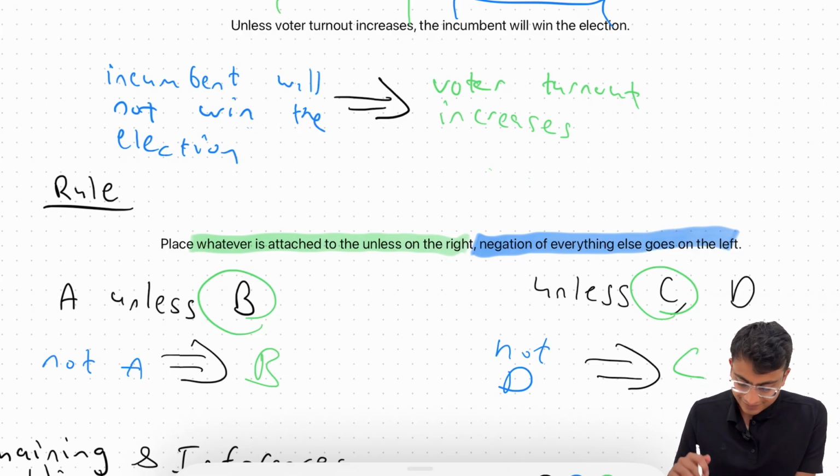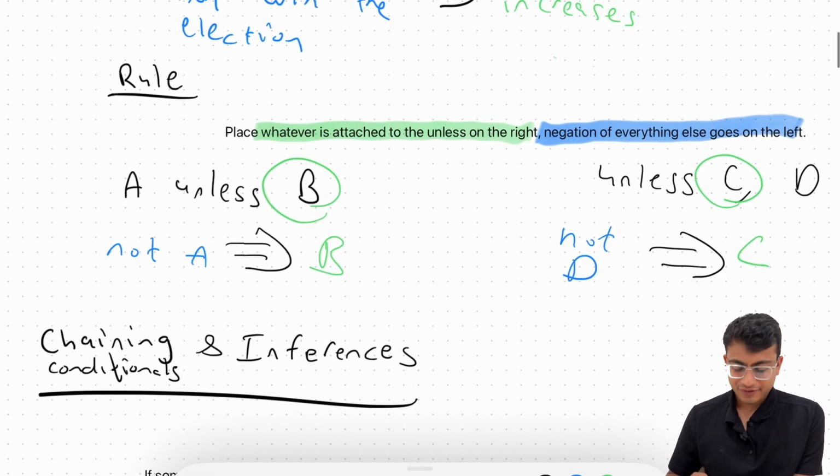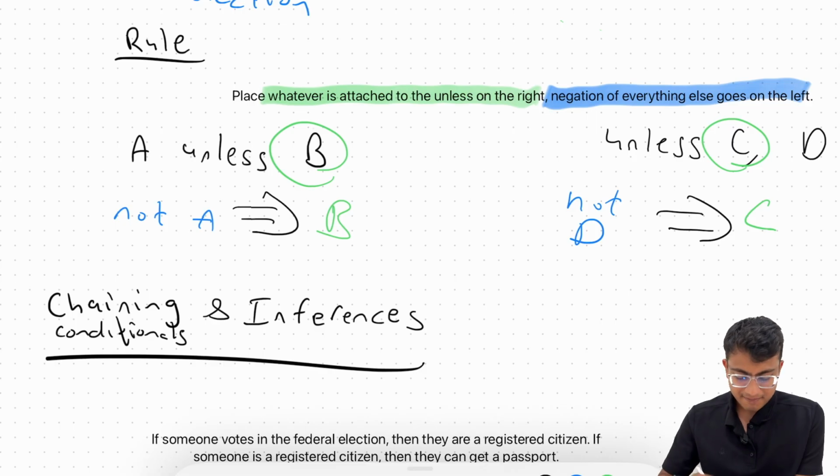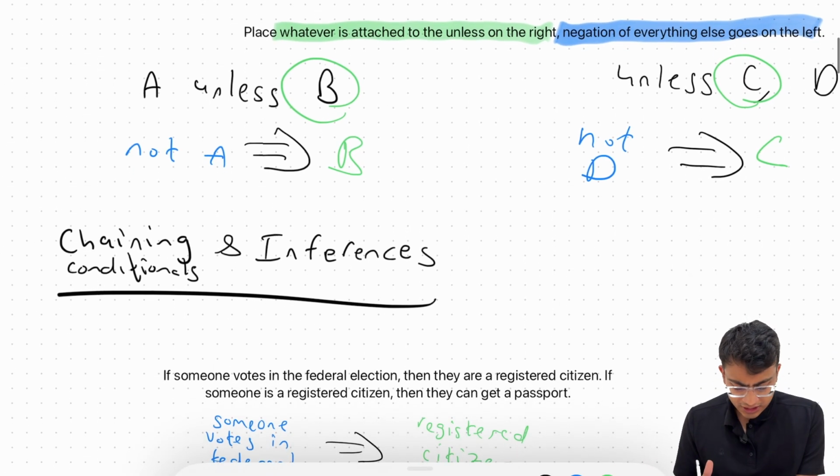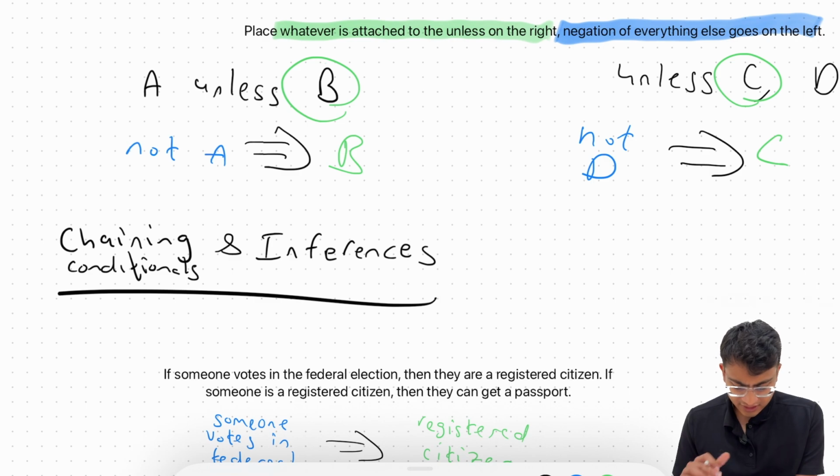Okay, let's start with the meat of the video now, because this is the main thing and probably the most important thing we'll be covering in the conditional reasoning lessons. That is chaining and inferences. So let's start with this simple statement.